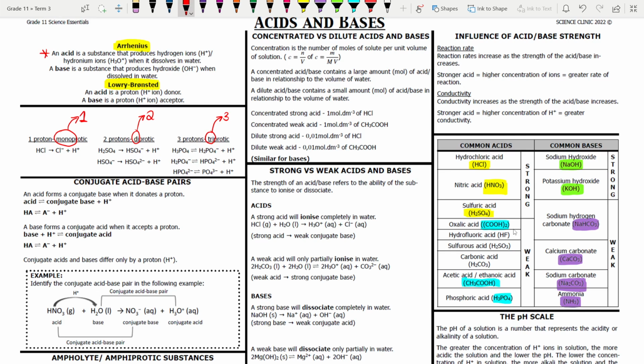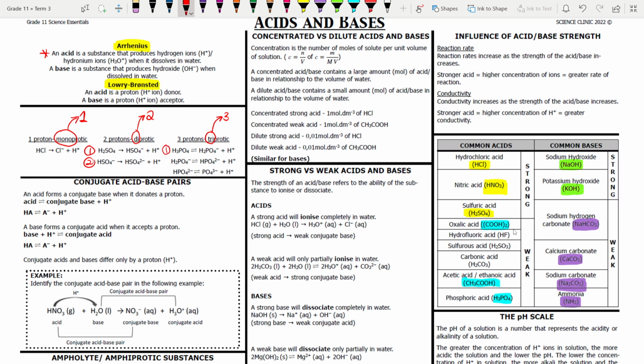So a monoprotic acid will donate one proton. A diprotic acid will donate two protons. It's going to do that in two steps. This is the first step. This is the second step. A triprotic acid will donate three protons, and this one will do that in three steps.